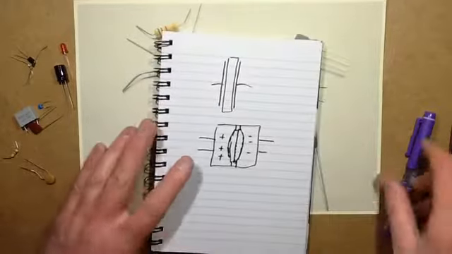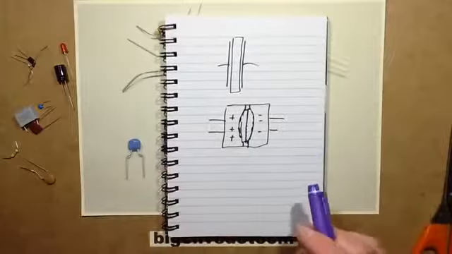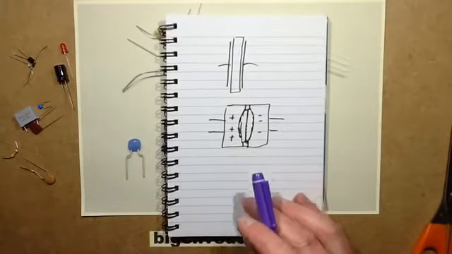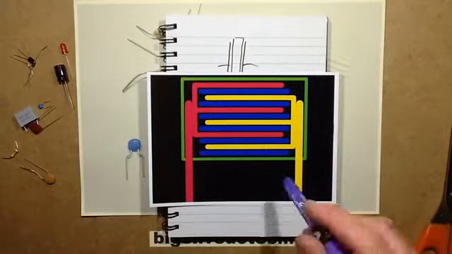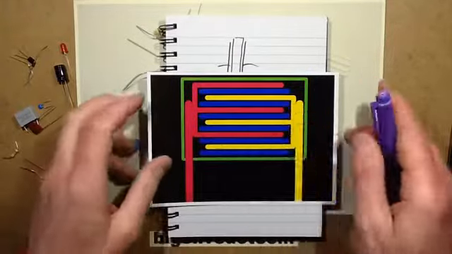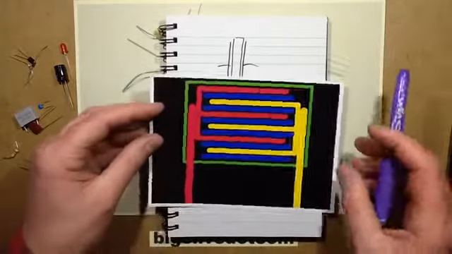To achieve the higher capacitance, they often make the capacitors multi-layer. So this is something I just printed out, designed on the computer like a printed circuit board layout, but I just did it as a sort of graphic.